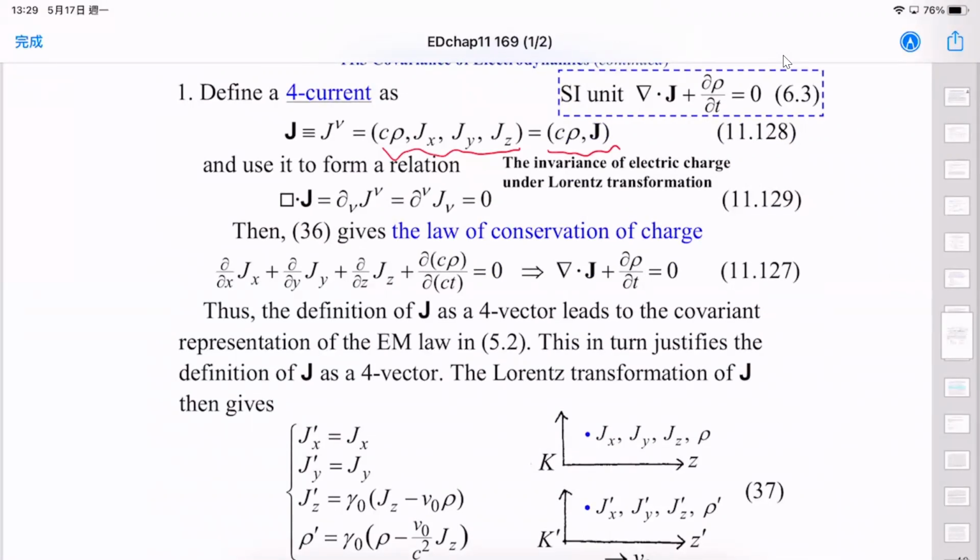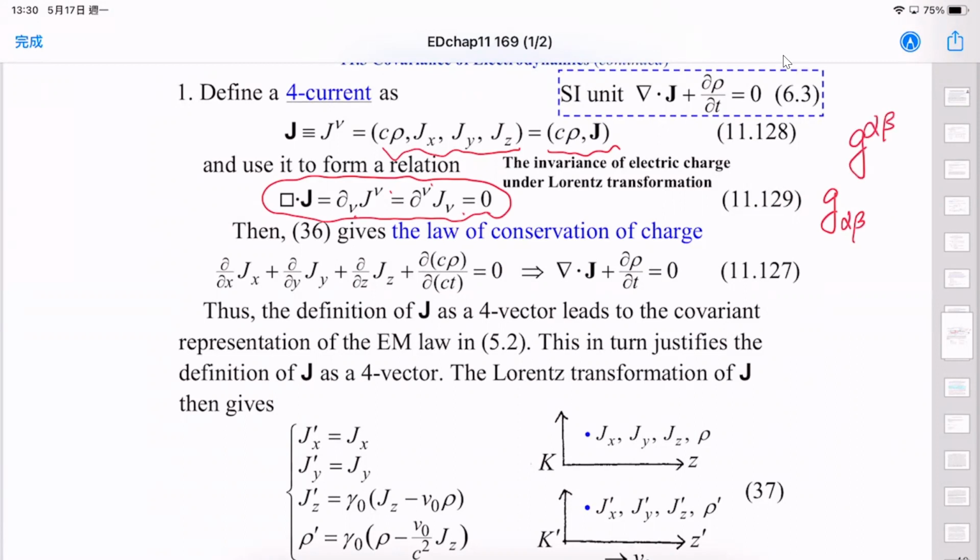Charge density times the velocity is the current, and we will use its form to form a relation. What's this? Divergence J equals partial mu J mu, with upper and lower indices the same. We can prove this using the metric tensor g alpha beta.